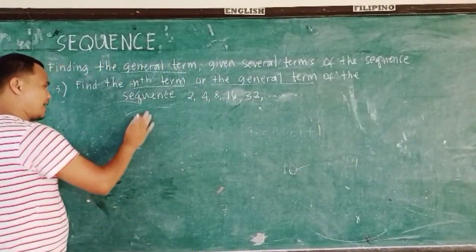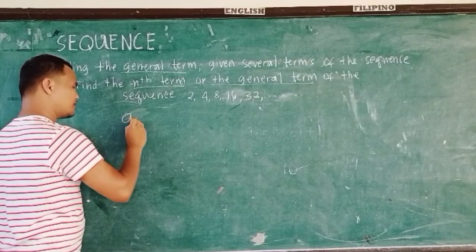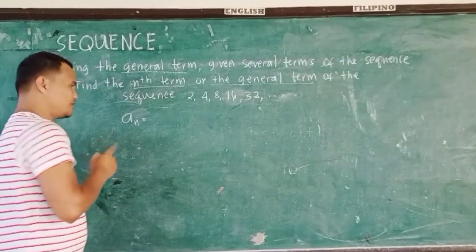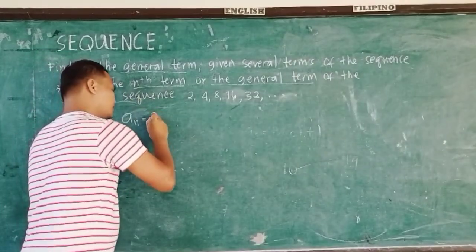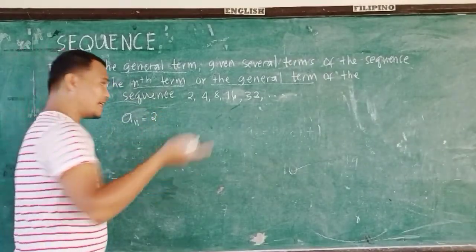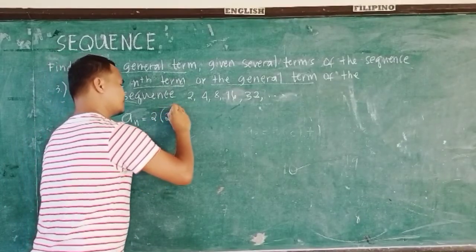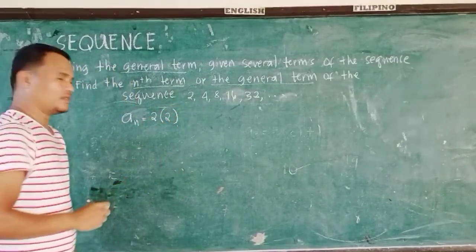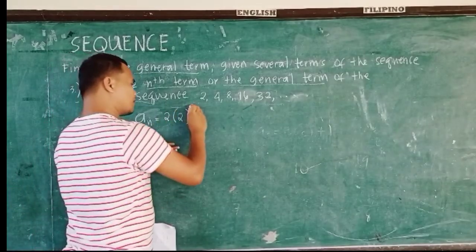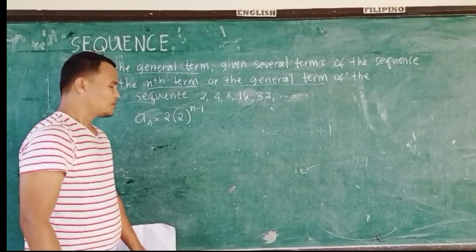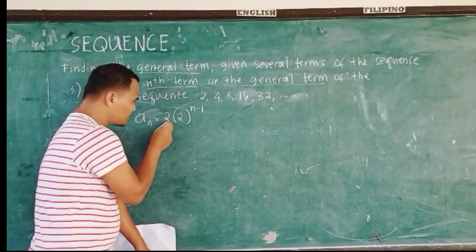So if that is the case, you're going to write this: a sub n is equal to, what is our first term? Yes, 2. Kung siya atong gi-multiply na common, 2. After, magbutang ka of n minus 1. Unsa ni siyang 2?